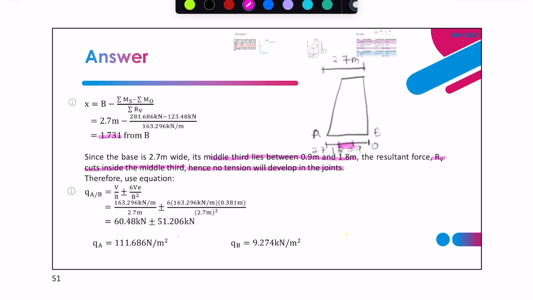And bila kita dah dapatkan X, also kita dah tahu dia inside middle third, then we can calculate the ground bearing pressure. Formula yang kita ada options, which is one as here, ataupun the other one is QA equal to 2V divide with 3 bracket B minus X. Ini kalau outside middle third.